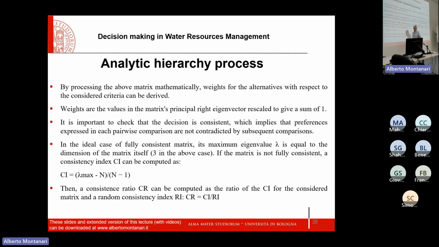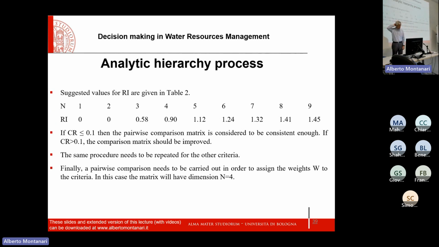And then there is a table, which you can see here, which gives you actually RI, which is the consistency index of the random matrix. And it depends on the dimension of the matrix.